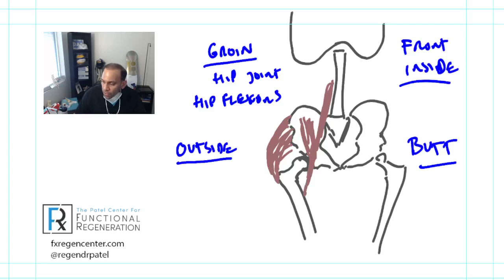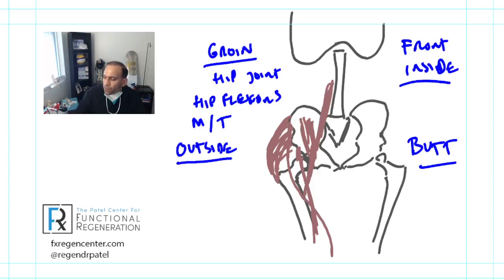There are other muscles also. There are muscles that attach over here and go down the leg, and muscles that attach over here and wrap around the leg in various ways. So there's a lot of different muscles and tendons that can get irritated or injured in the front of the hip area, in addition to your hip flexors.